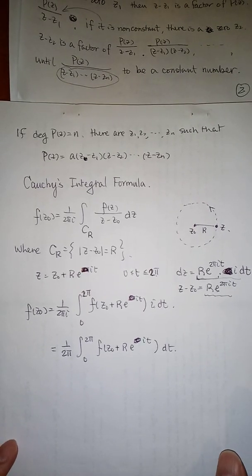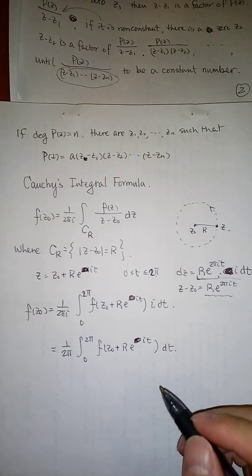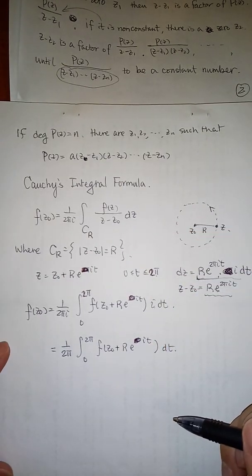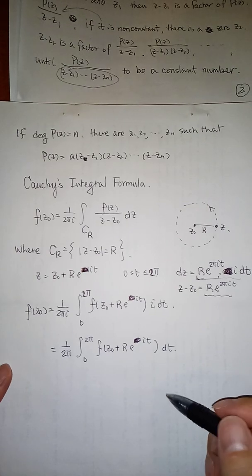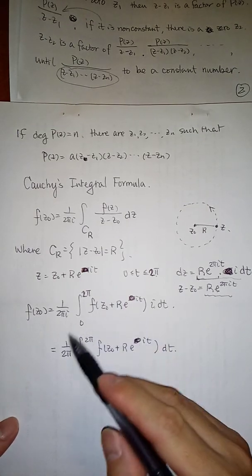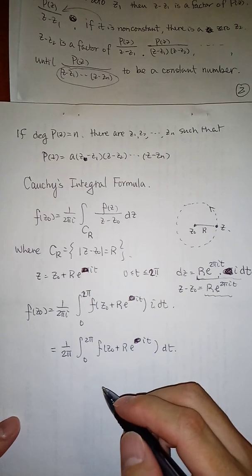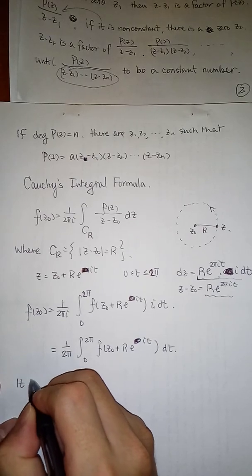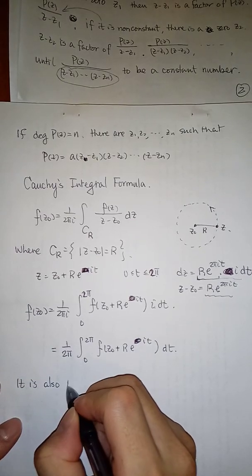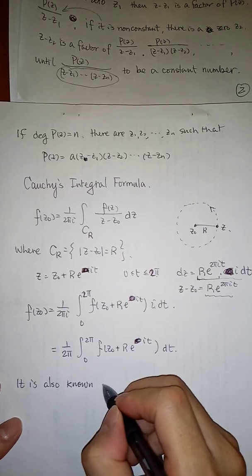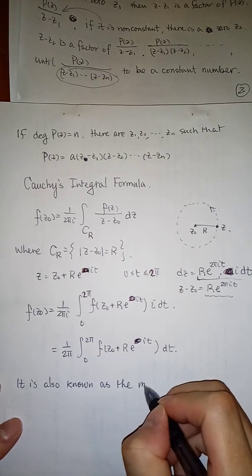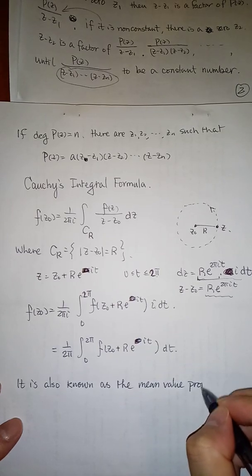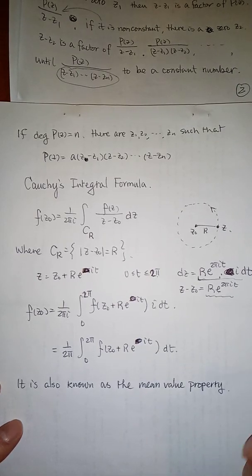This is the equivalent formula to the Cauchy integral formula, but this special representation is also called the mean value property. So what does it mean?